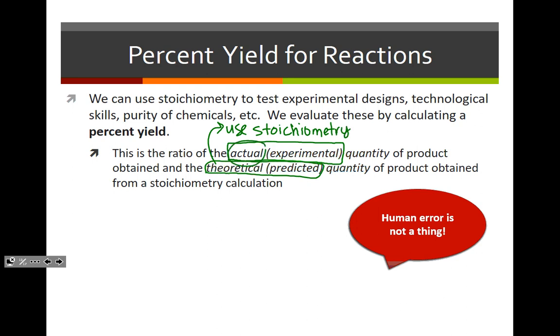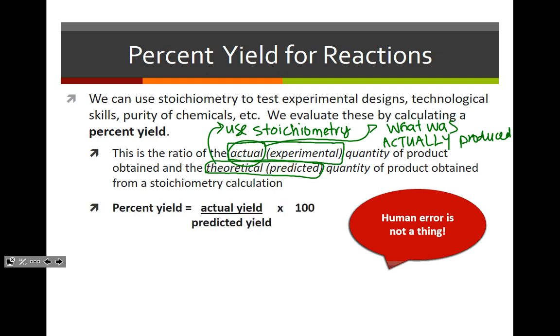Your actual is telling you what was actually produced, and that's usually from a lab, etc.